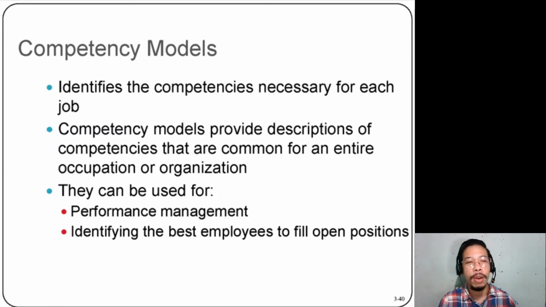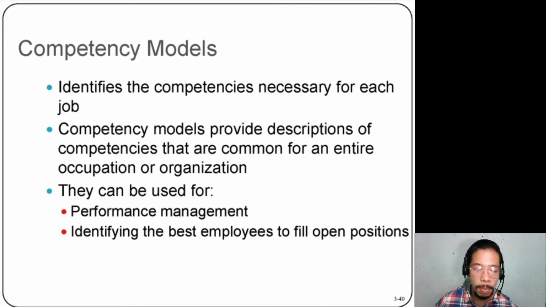So competency models can be used for two things. Number one, performance management, which will be taught in your IO psychology soon. And of course, identify the best employees to fill open positions. So this is mostly for internal hiring. If there are open positions, who can perfectly fill in the vacant position?